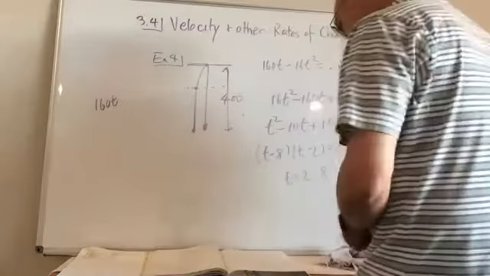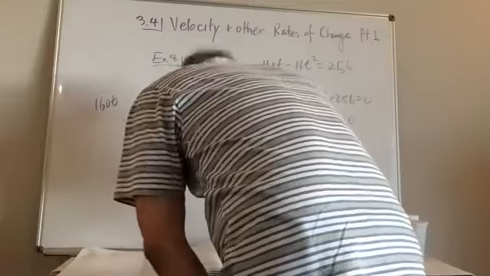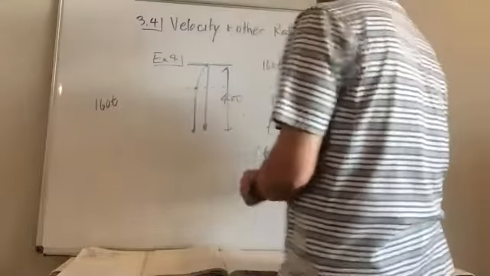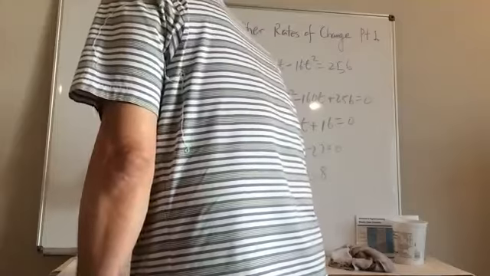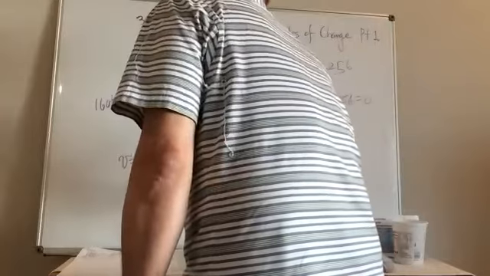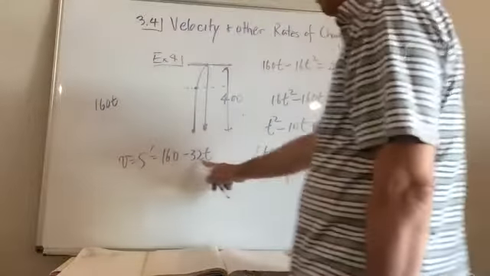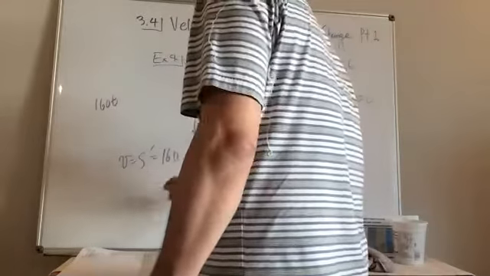So B, what is the velocity of the rock? The velocity was s prime, so it'd be 160 minus 32t. So t is equal to 2. I put 2 in there. I get 160 minus 64, so I'm going to get 96.